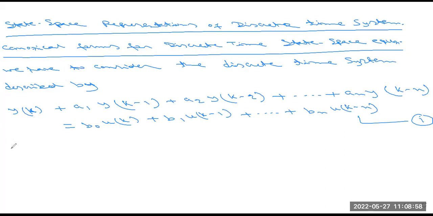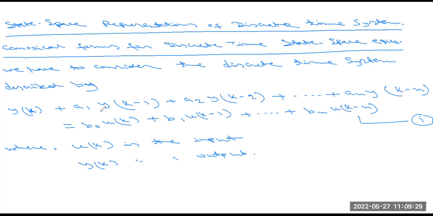Okay, where u(k) is the input signal and y(k) is the output signal, and k is the sampling instant.